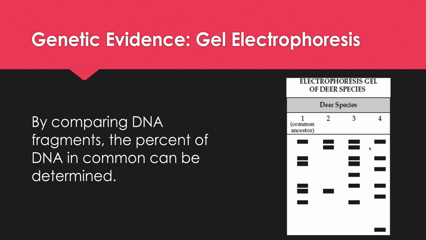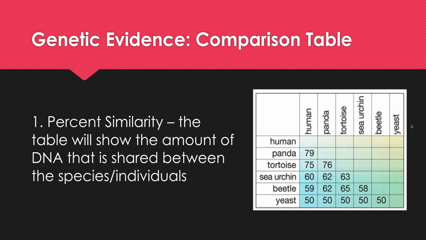Another way that we can look at this information is through a comparison table. And there's two ways. You can look at a table that shows how similar they are, their percent in common. So for example, if we look at a human and say a panda, they share 79% of similarities, whereas human and the beetle only share 59% in common. That's not very much.